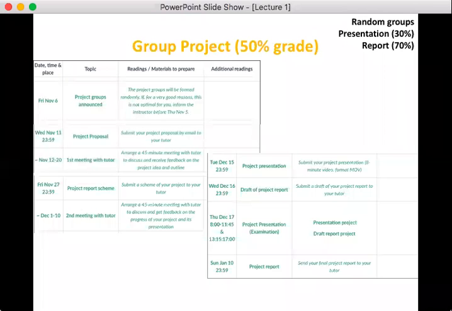We leave the interaction between the two groups to the groups, so we don't force you to do anything specific, but it's very good and it's very useful if you can interact and check each other's results, especially in terms of how to present them.